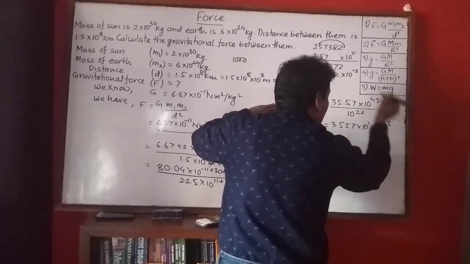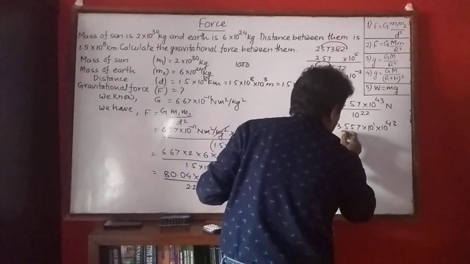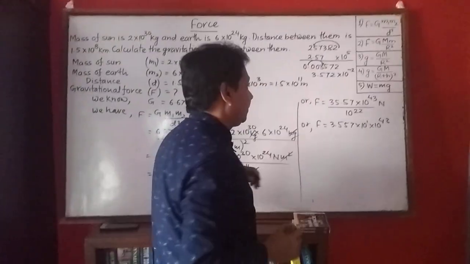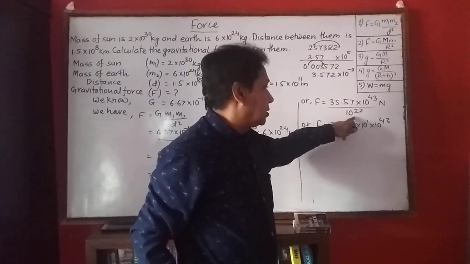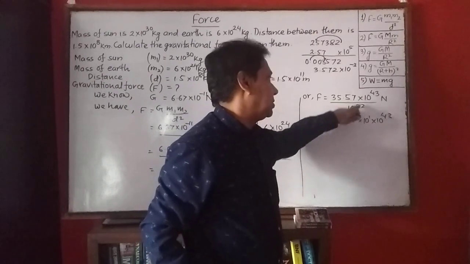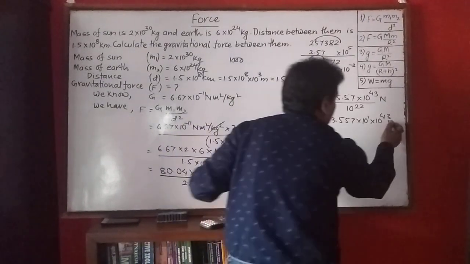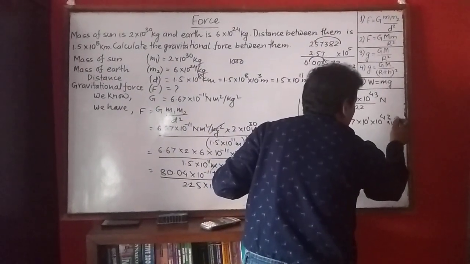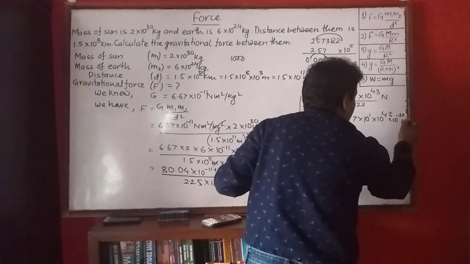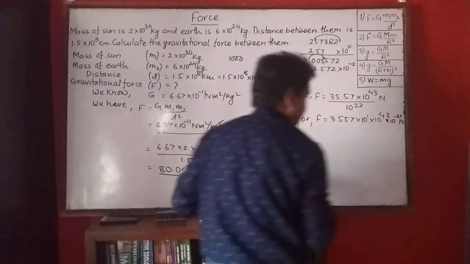Here Newton. Okay, this is this. Now in the denominator we have 10 to the power 22. If it is taken to the numerator, then it becomes 10 to the power minus 22, and the unit Newton is at last.